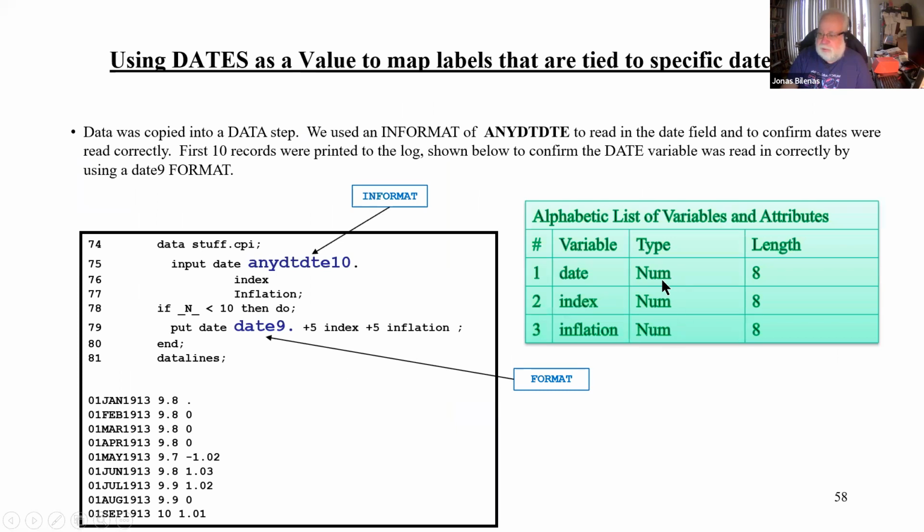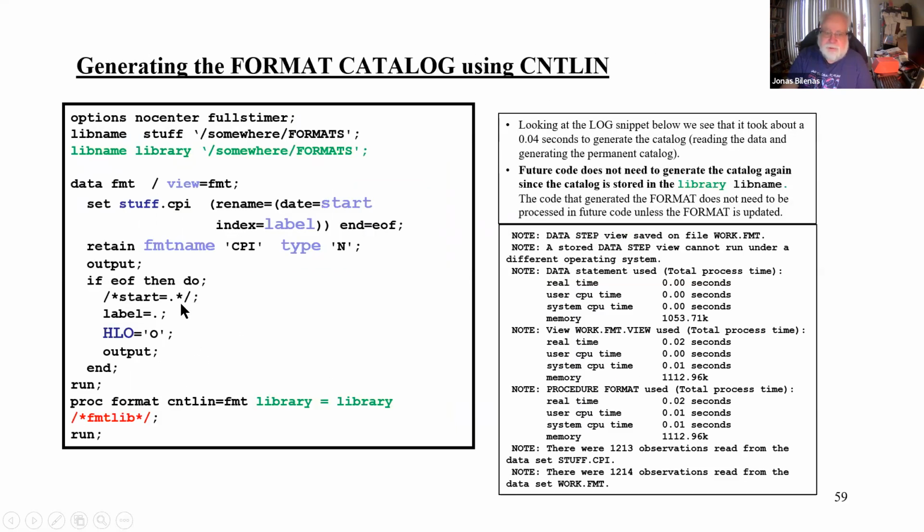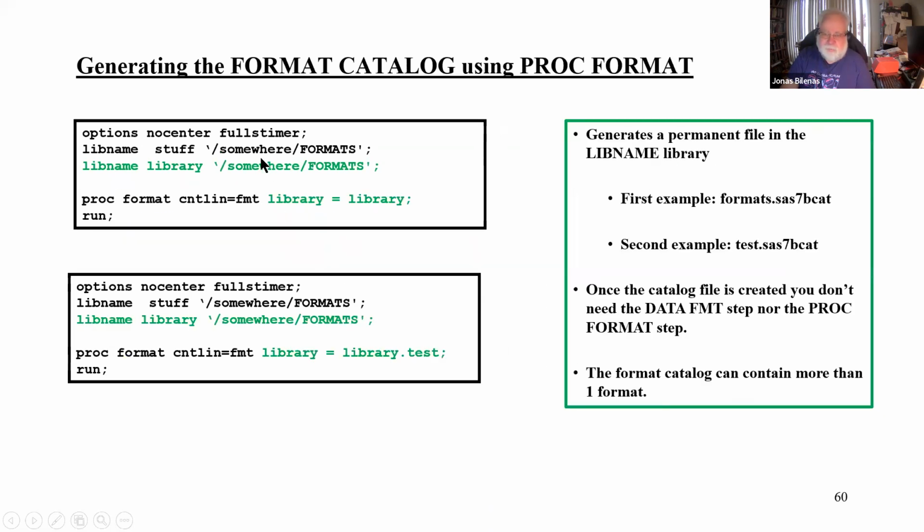So we got date, index, different numeric variables in their macroeconomic data. And then we do the same data format, and it generates different formats for different column variables.